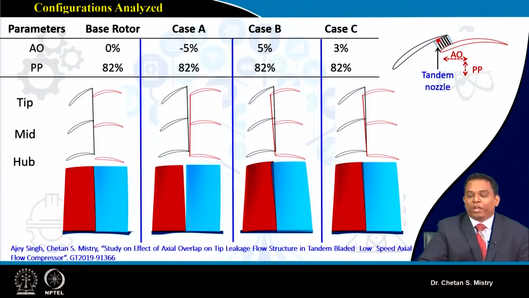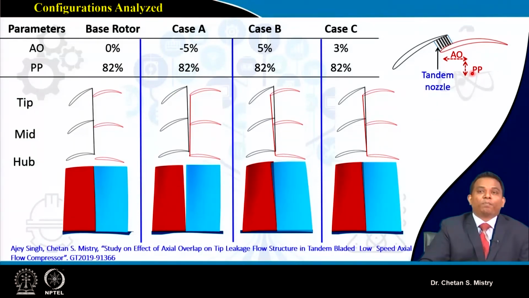This has been arranged in such a way that the distance between the trailing edge of the front rotor and the leading edge of the rear rotor is what we define as axial overlap. The circumferential distance between these two blades is defined as percentage pitch.